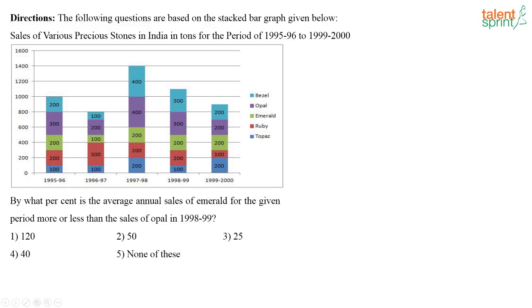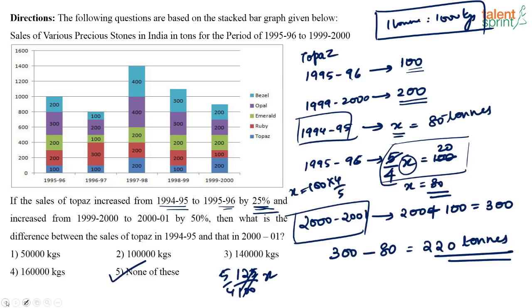Next one. By what percent is the average annual sales of emerald for the given period more or less than the sales of opal in the year 1998-99? So how will you solve this? Let us go back to the values again. Annual sales of emerald for the given period more or less than the sales of opal in 1998-99.